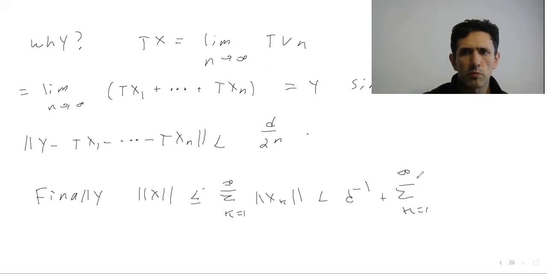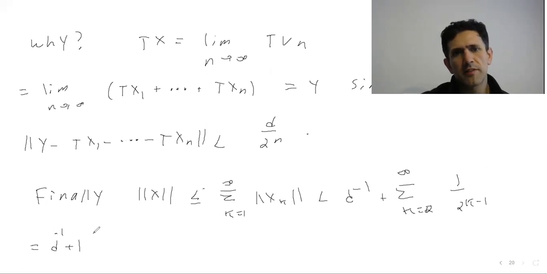The rest has norm less than 1 over 2 to the k minus 1. So it's going to be d minus 1 plus 1. So we have to modify d a tiny bit from lemma 319 to star star. We have to add 1 to it, not a big deal.